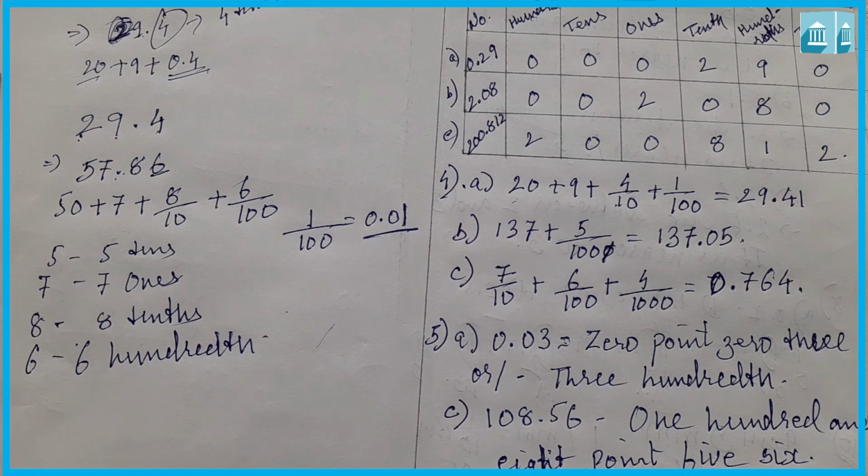Now question number 6 is: between which two numbers in the tenths place on the number line does each of the given numbers lie? In question number 6, the first one is 0.06.